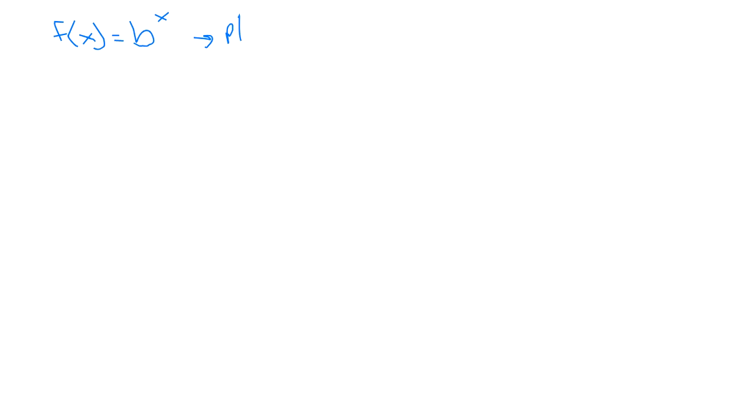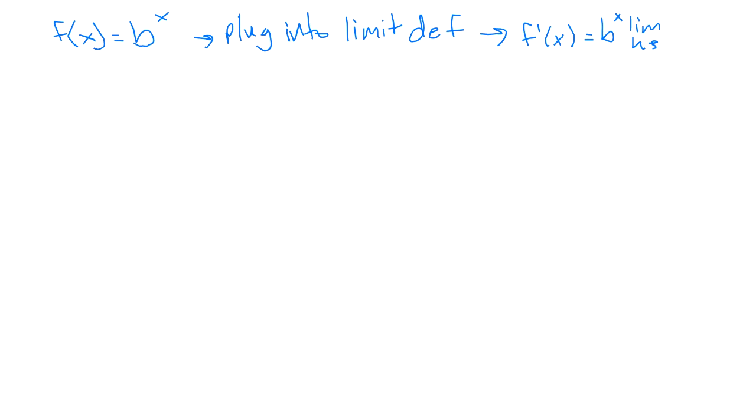When we plug that into our limit definition, we are left with f prime of x equals b to the x times our limit as h approaches 0 of b to the h minus 1 over h.